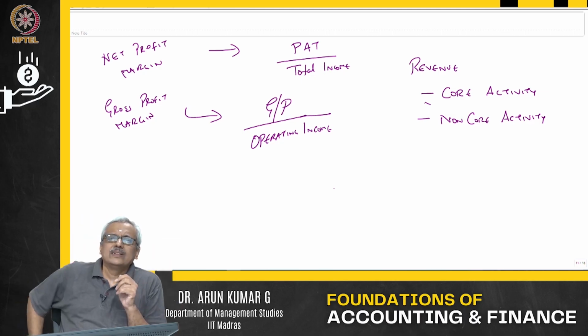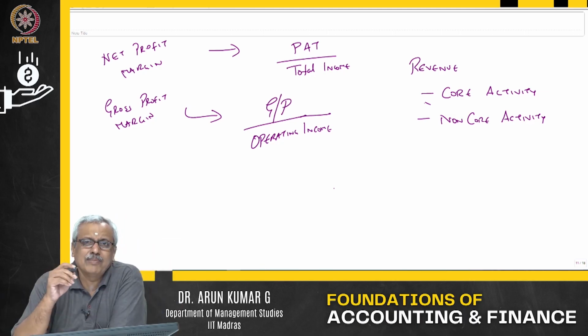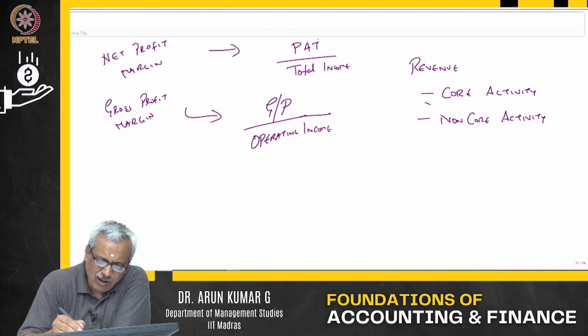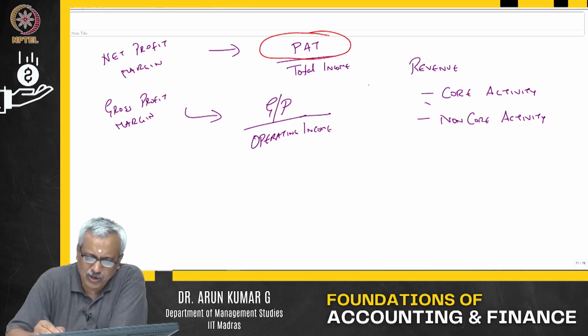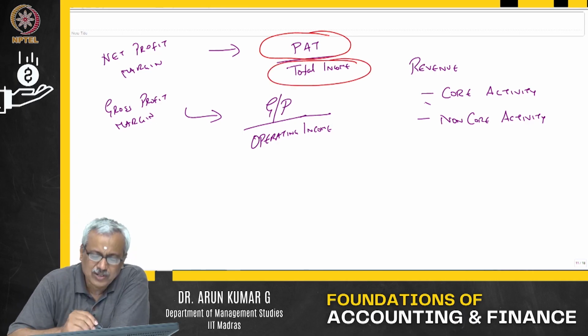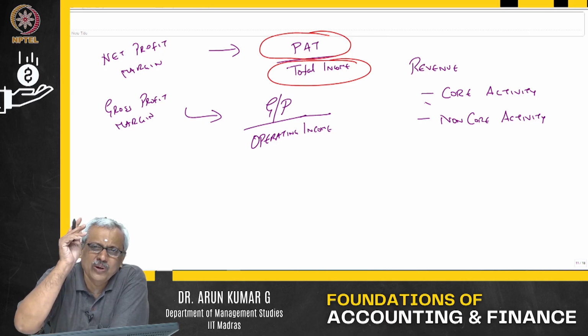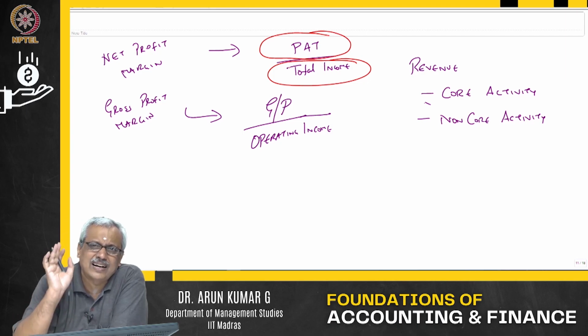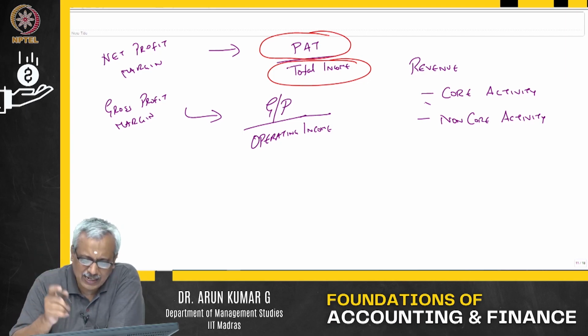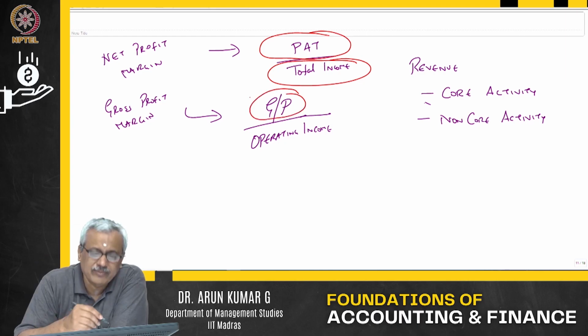So when I say PAT, my profit after tax will include the profit generated from both core and non-core. So here total income means total of core and non-core. Whereas when I say gross profit, I am looking at only the manufacturing cost. I am not looking at the additional costs.